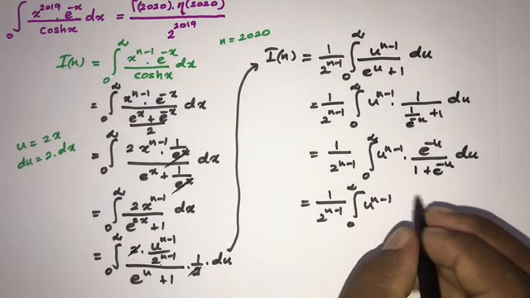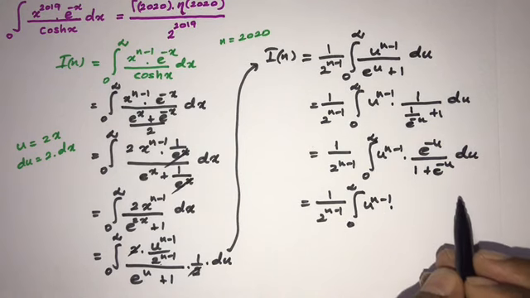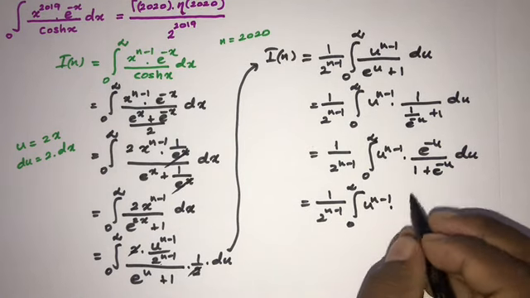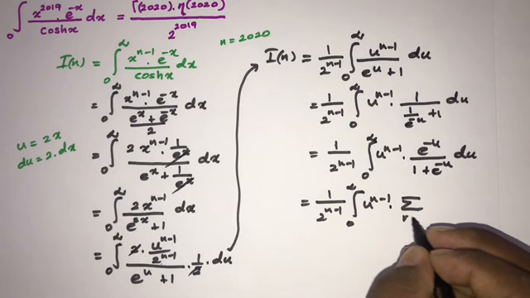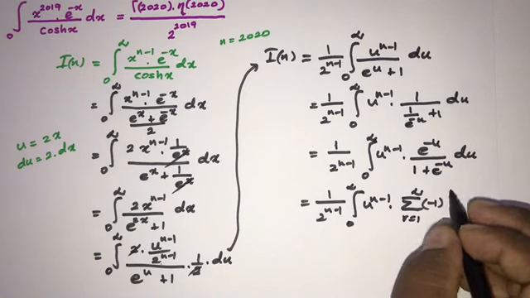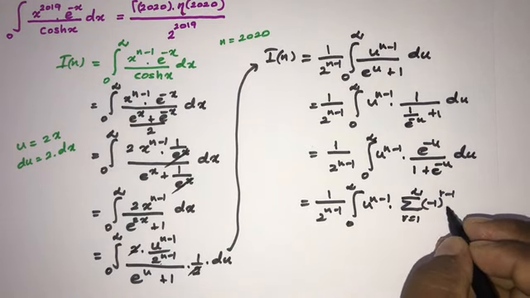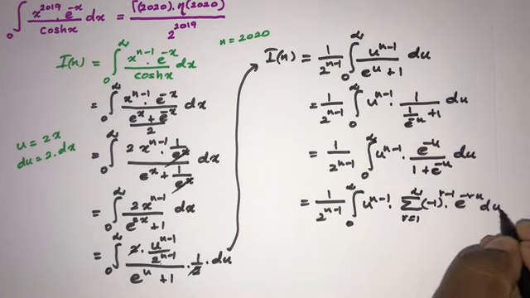Now for this part we can use the infinite geometric series, so we can write the infinite sum, r equal 1 to infinity, of minus 1 to the r minus 1 times e to the minus ru, du.